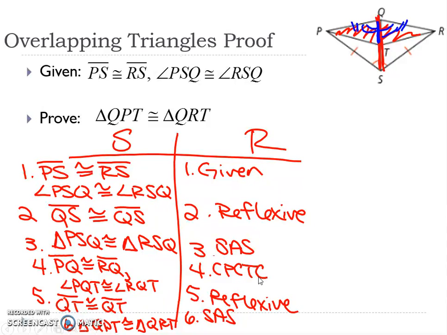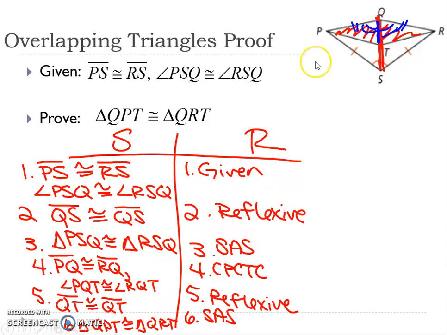And then we're going to say that this angle and this angle are also congruent, PQT and RQT. So with CPCTC, this side is congruent, this angle is congruent because we proved that this triangle is congruent to this triangle, the big ones. The left side and the right side, the whole thing.